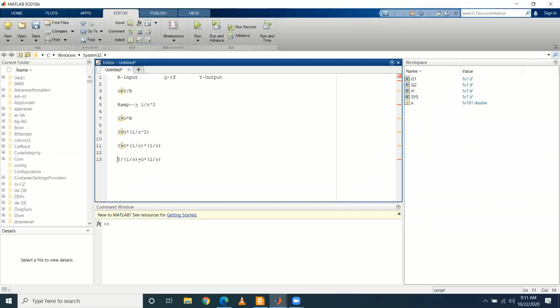So Y is the output, and 1 by S. Now the left hand side is of the form output divided by input, isn't it? But in this case, the input is a step function. So can you not say that this transfer function will give us the step response?